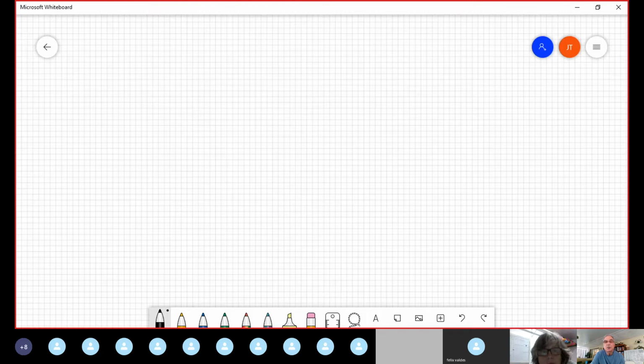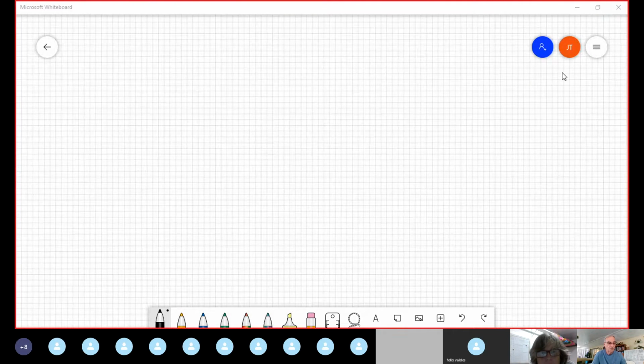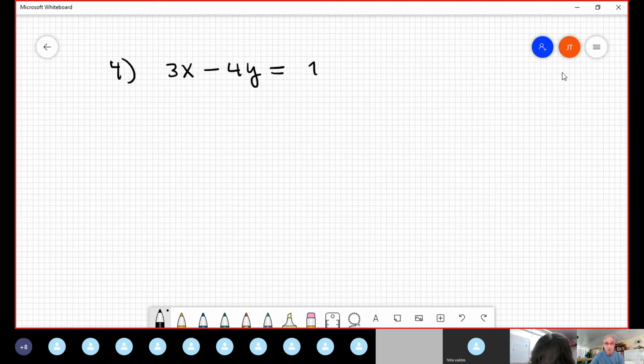Okay, let me go to the board. I have another example that brings a new situation. Example 4: 3x minus 4y equals 1, equation 1. 2x plus 3y equals 12, equation 2.